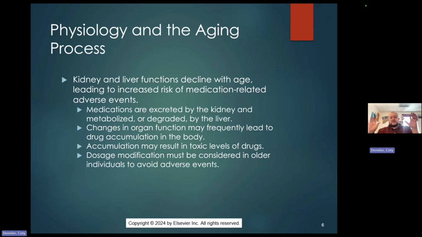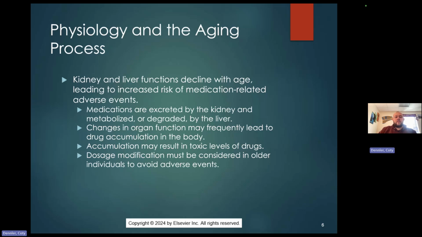So your liver is really what is taking in the medication, and then they're excreted through urination. If there is an accumulation, like your liver function is going down, then you might get a toxicity in the blood that can make the patient very sick. If their liver is not functioning the way it's supposed to, some of those medications will build up into their system, and it can cause a bad reaction.